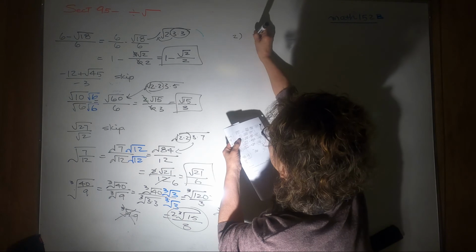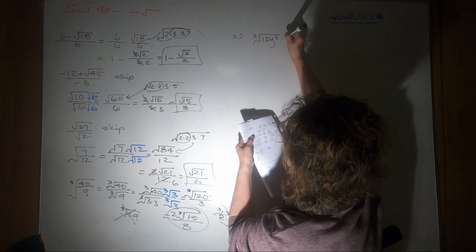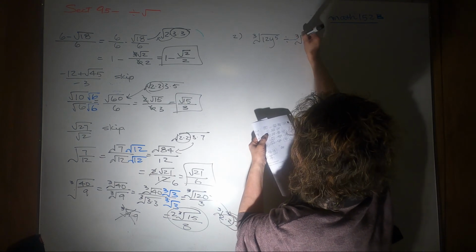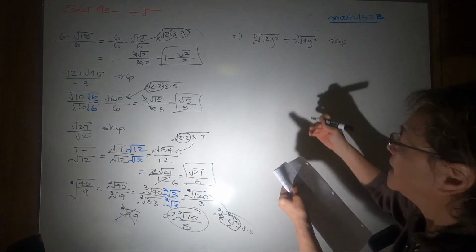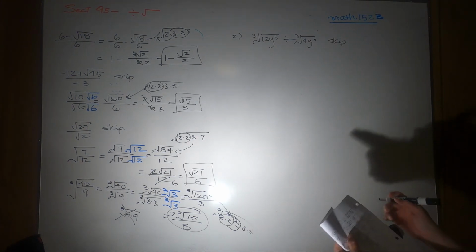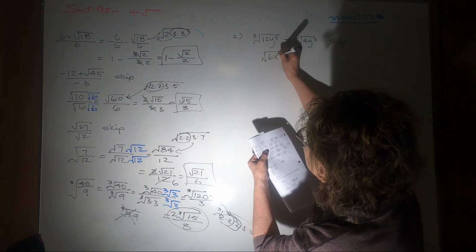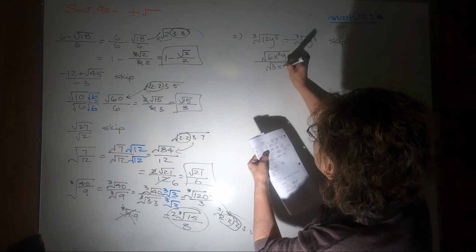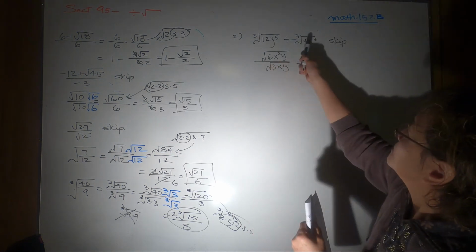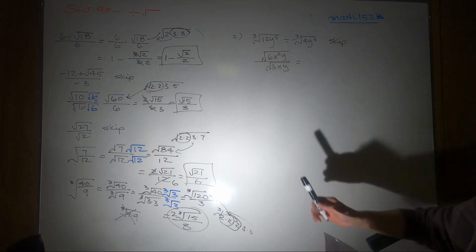So for the first one, I'm going to, not split, skip. Okay? We just do the following. They are the same. Okay? So it's the same thing as the next one. You have 6x squared y over square root of 3xy. It's the same thing. You write it, instead of horizontally, you write it what?